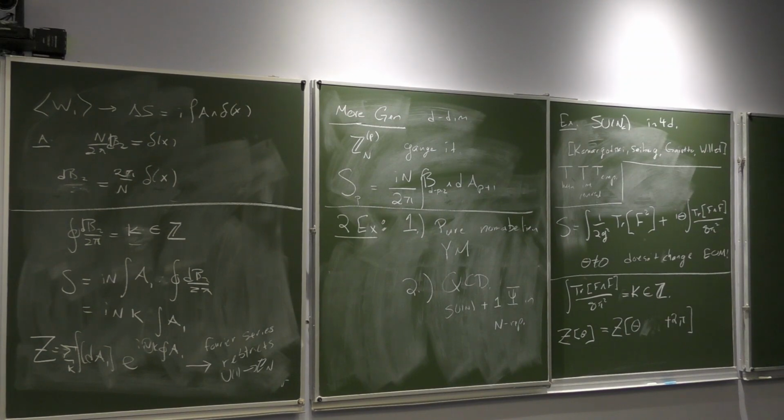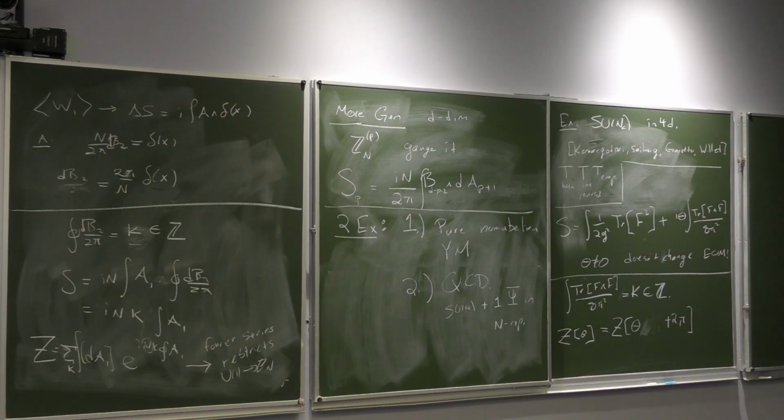B2 is a U(1) gauge field which has this Zn restriction that we talked about. The restriction is that B2 over 2 pi is 1 over n quantized. Because B2 is not a field strength, it's a gauge field, it's essentially valued in Zn.